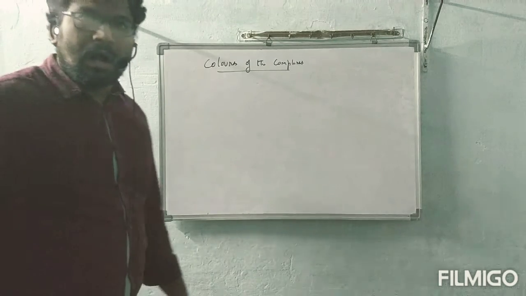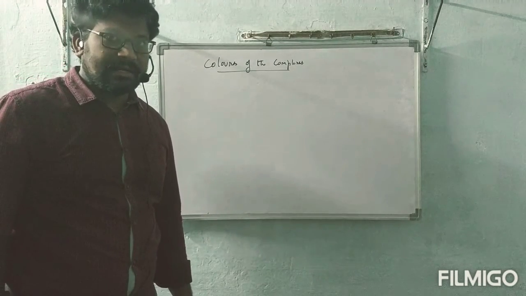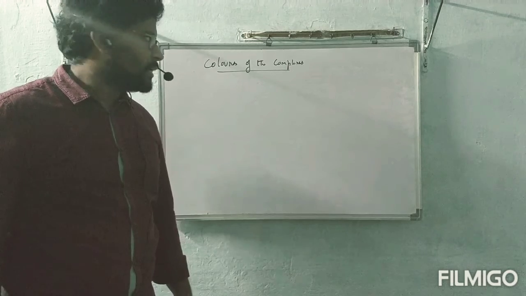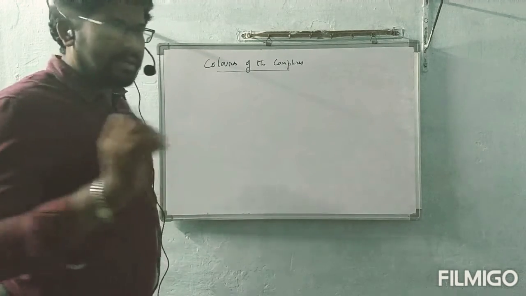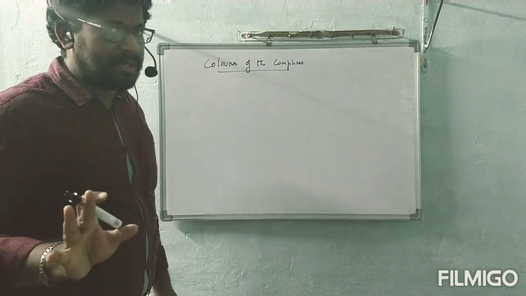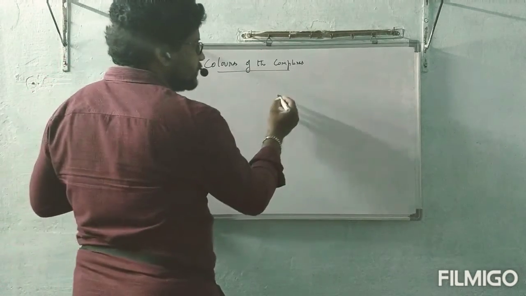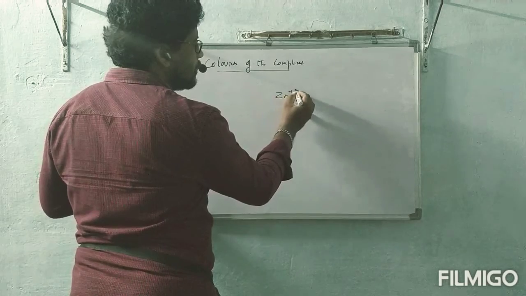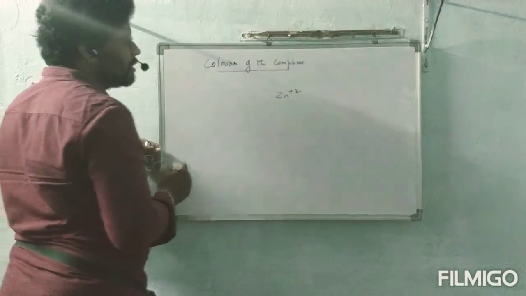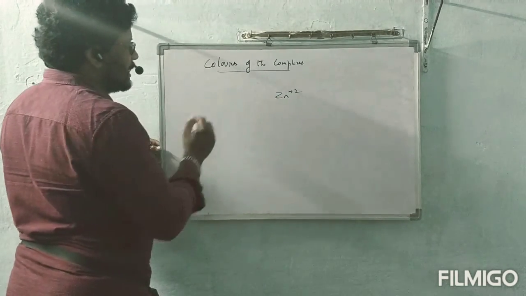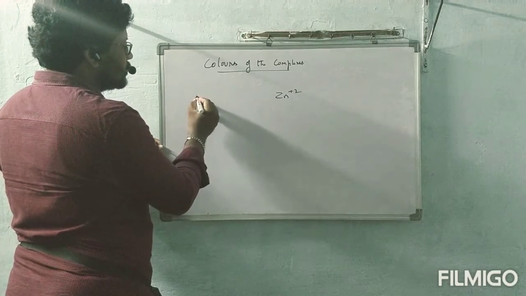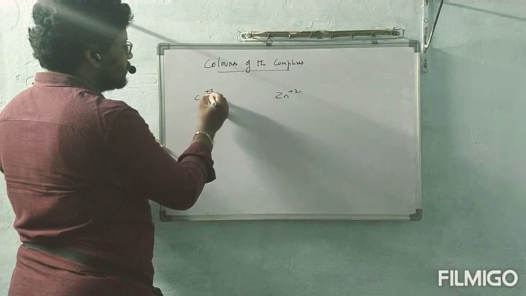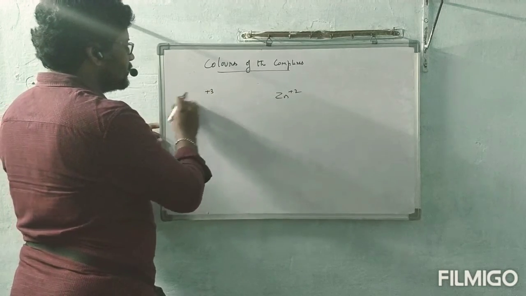Generally, all the complexes are colored. But the main characteristic I will say, if they give any sort of complex, suppose they give one complex with Zn plus 2 and they give a complex with Co plus 3, this is cobalt.